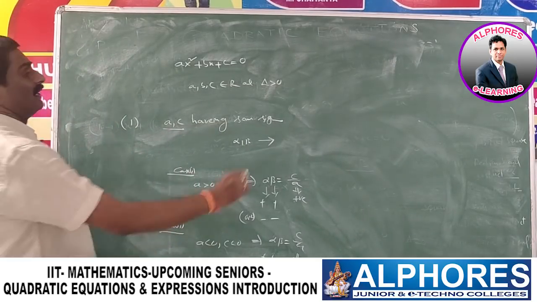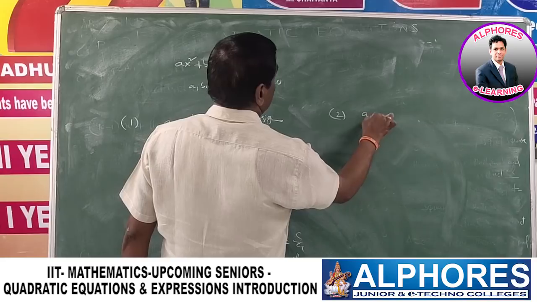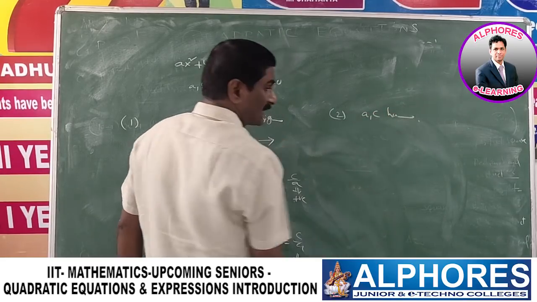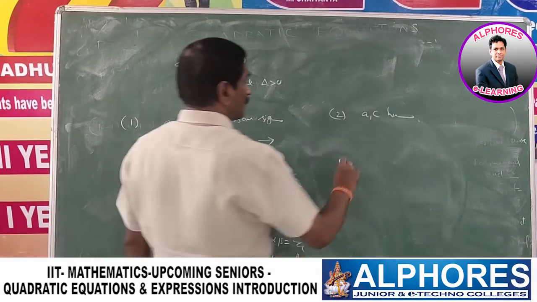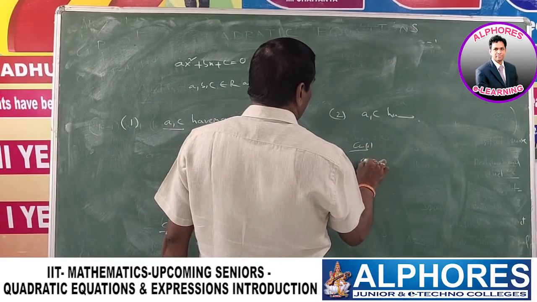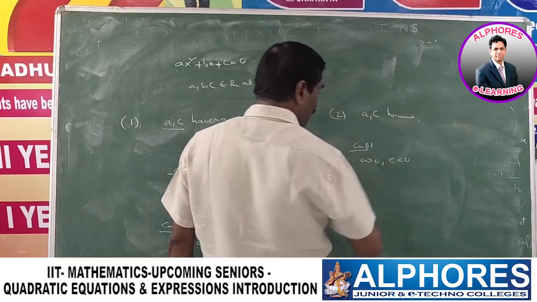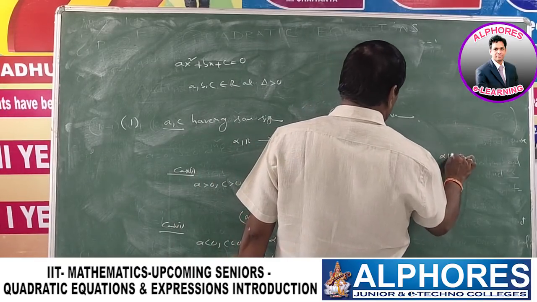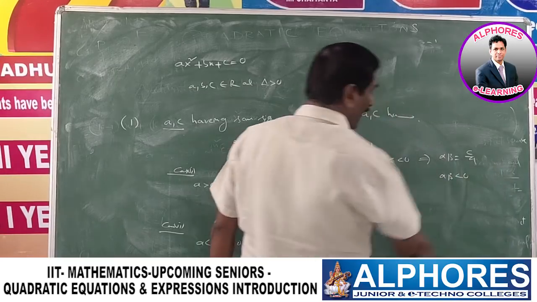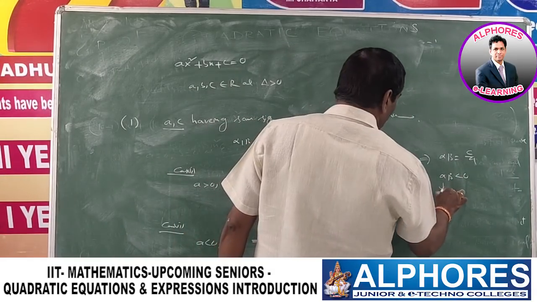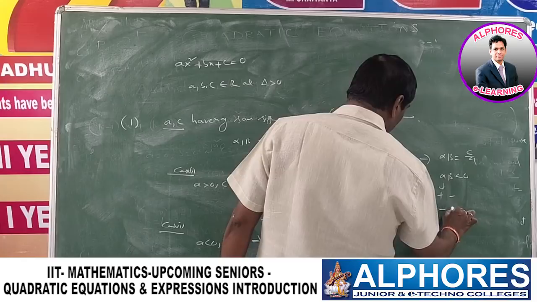Next, if A, C have opposite signs, then the roots also have opposite signs. Suppose A greater than 0 and C less than 0. That means the product of the roots alpha beta is equal to C by A. Alpha beta is less than 0, negative. It is possible when plus minus or minus plus.